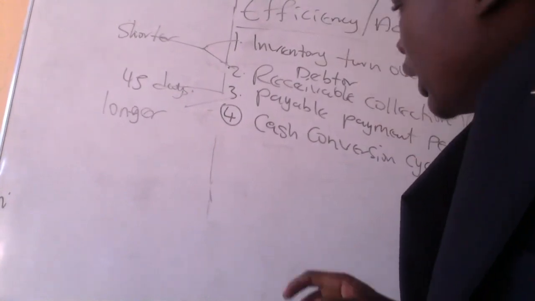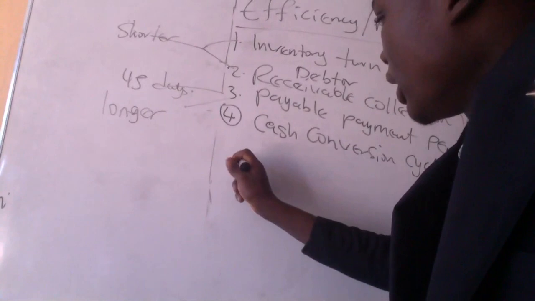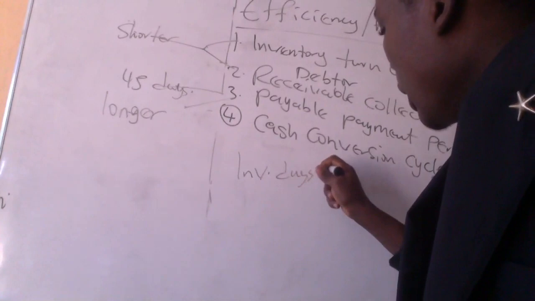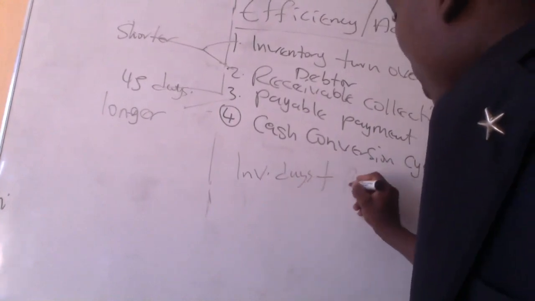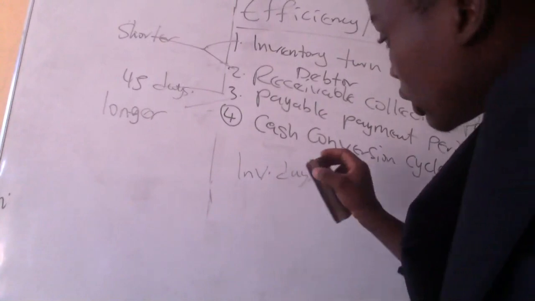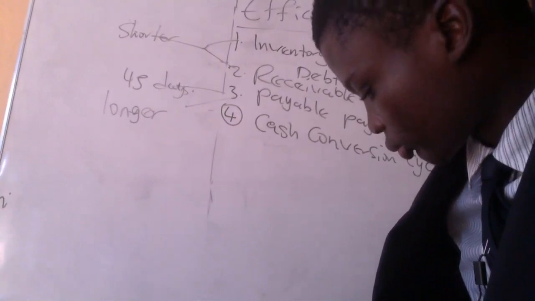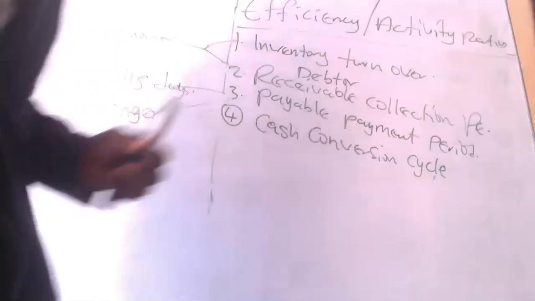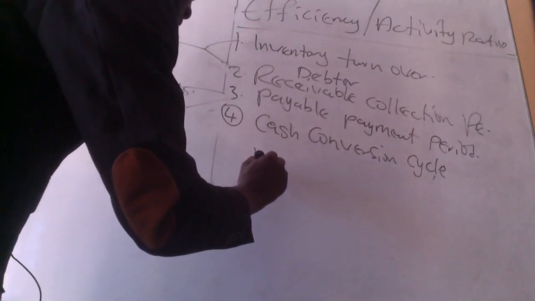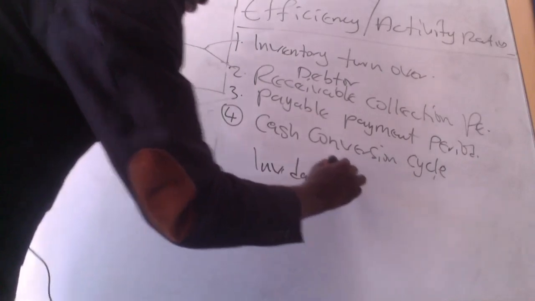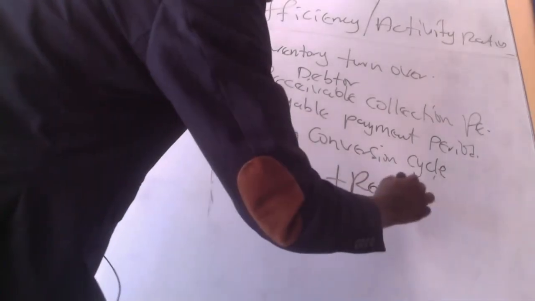The cash operating cycle will be your inventory days plus your receivable days plus your payable days.